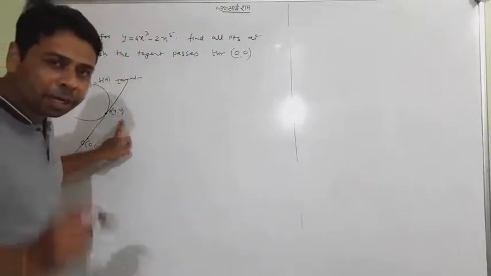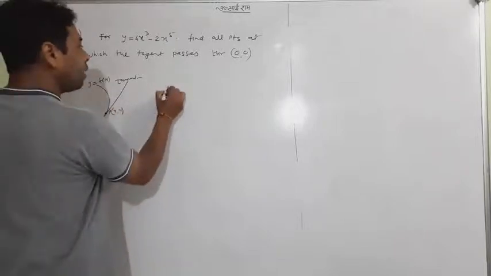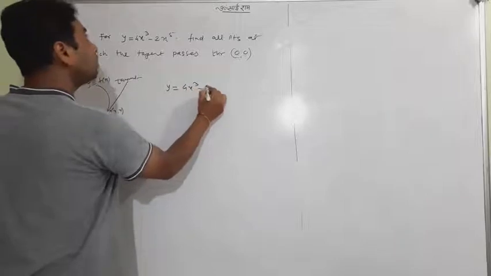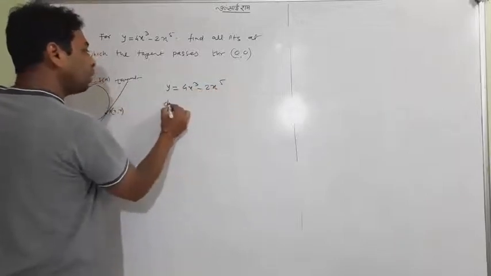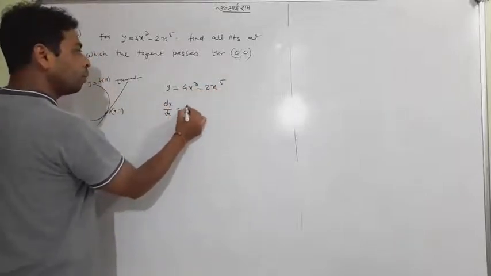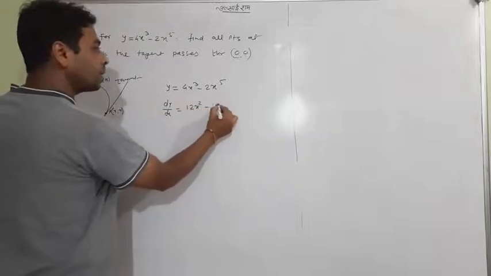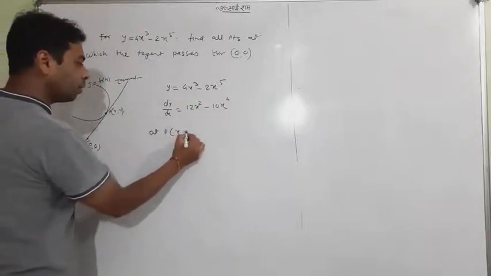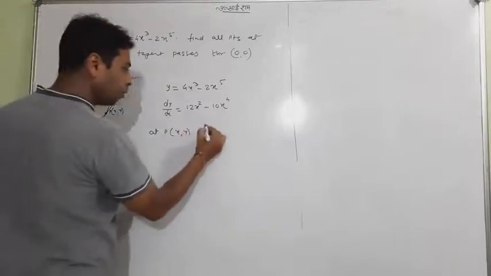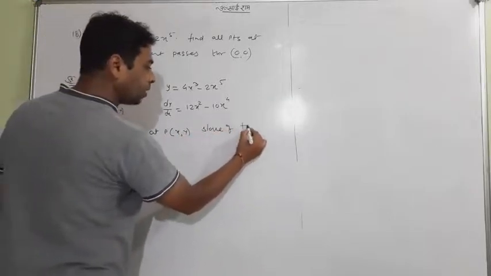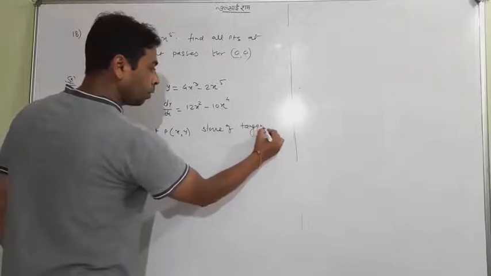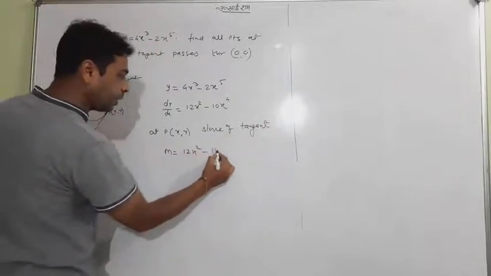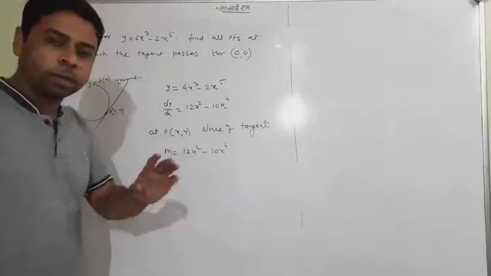Okay, I am speaking again. First we take y equal to 4x cube minus 2x5. I'll do differentiation: 12x square minus 10x4 at P(x, y). The slope of the tangent will be m equal to 12x square minus 10x4.